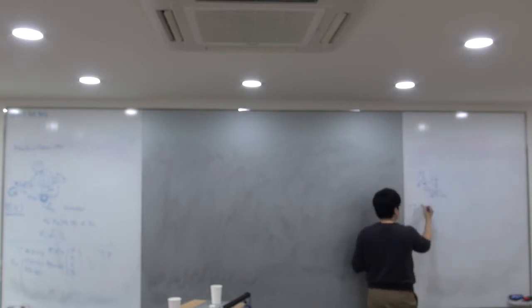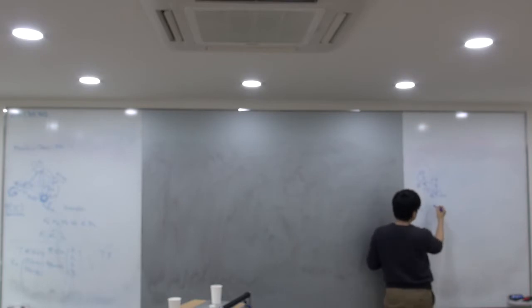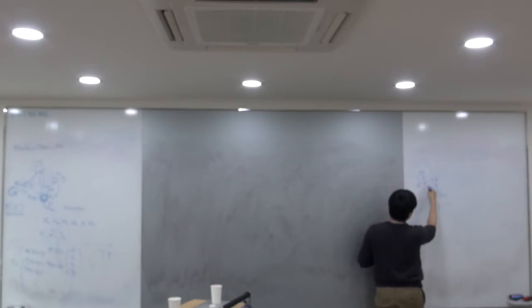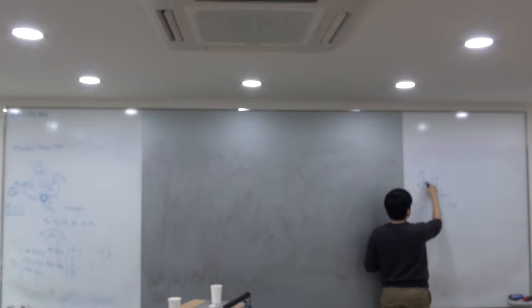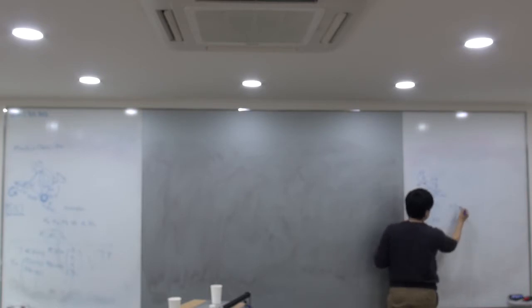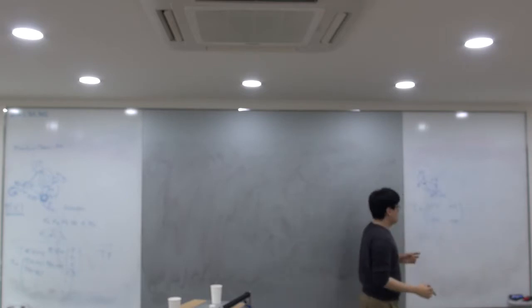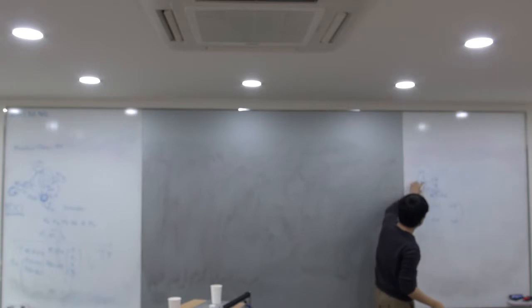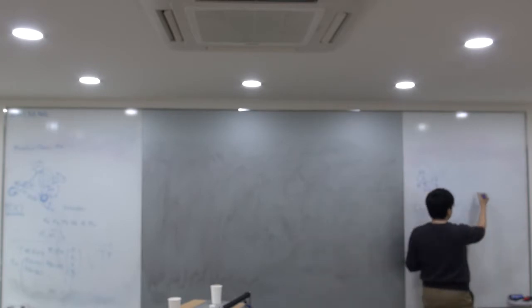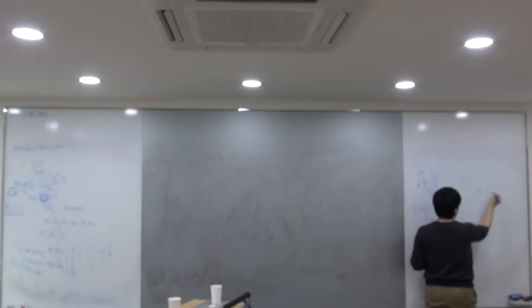And your transition matrix will be 0.3 and so on. If you are at x1, then your probability vector P will be 1, 0.